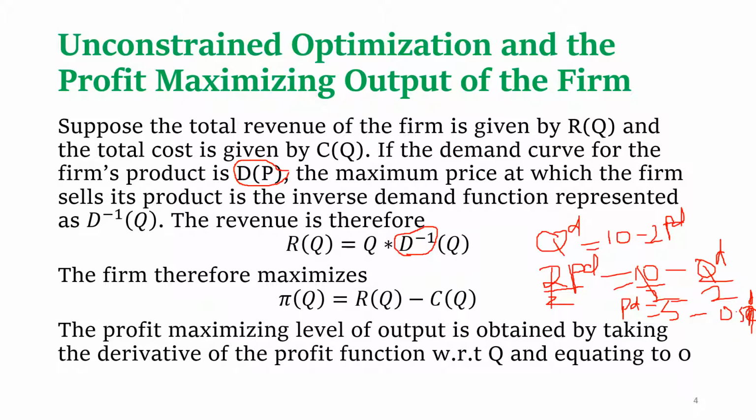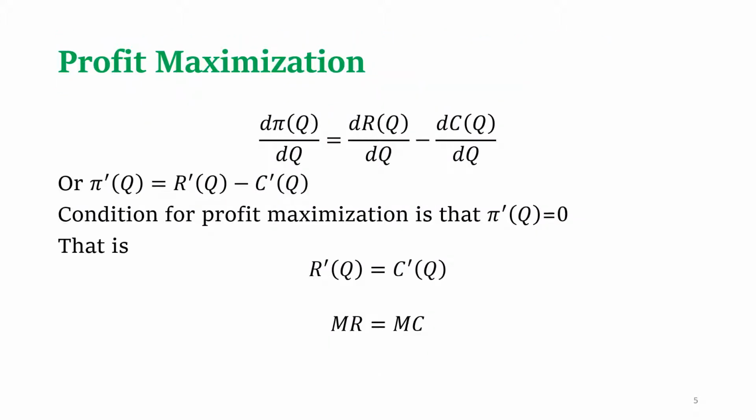RQ minus CQ, which is revenue minus cost. So once we have that, what do we do next? Now we take the first order derivative, pi Q, dQ, equals RQ, dQ, minus CQ, dQ, right?